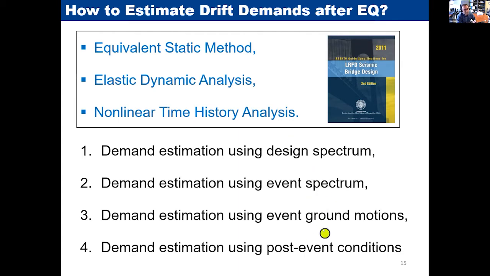Then if you have your ground motion, you can do linear or nonlinear dynamic analysis. And the last one is, can you use those pictures that I showed you earlier that show the damage of the bridge and estimate the displacement just from the post-earthquake condition of the bridge? And that's what I want to discuss today very quickly.